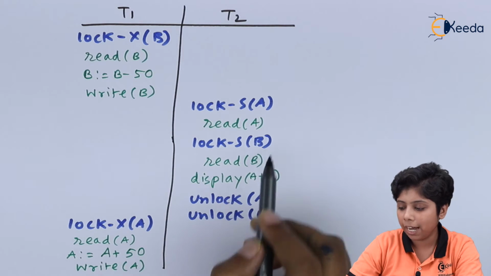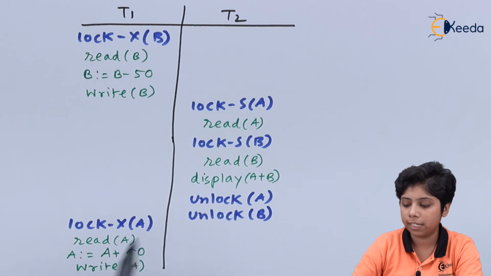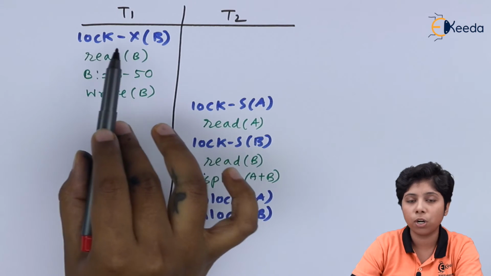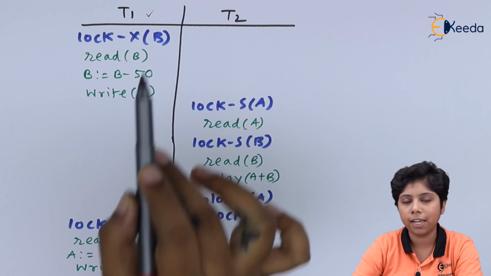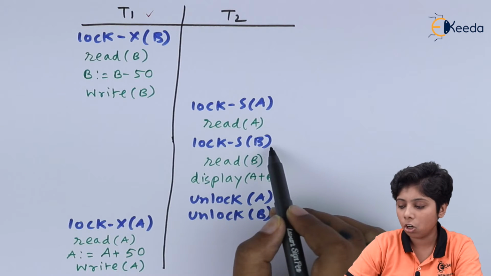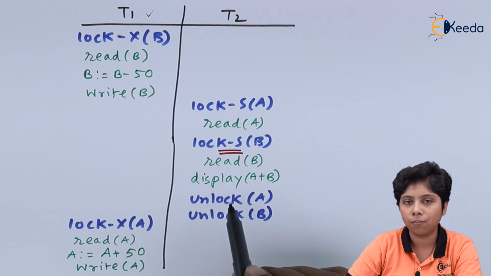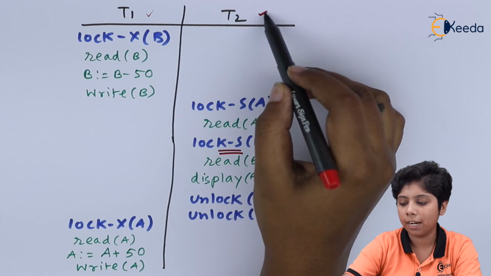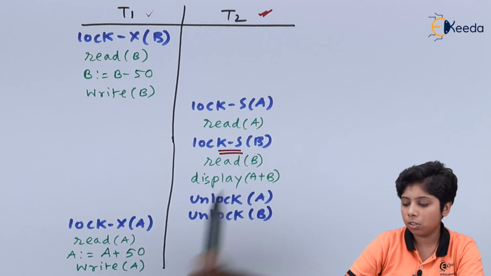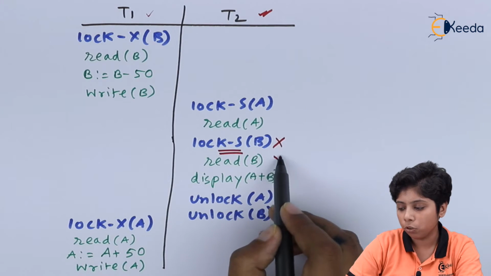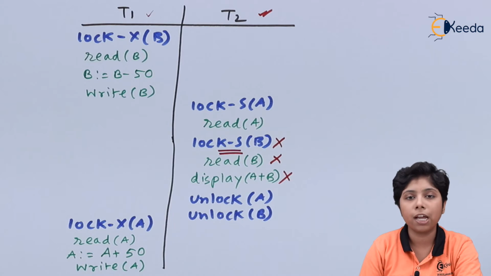So by the compatibility matrix, if a data item has an exclusive lock acquired by a transaction, then we cannot acquire another exclusive lock or a shared lock on it by another transaction. So now this one we cannot put. So these three we cannot have in this transaction.